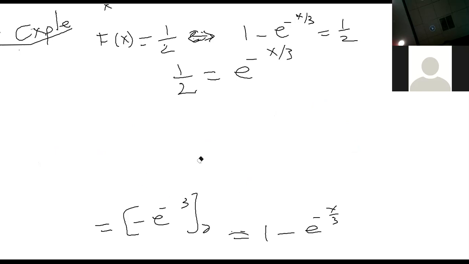Applying the logarithm, we have logarithm of 1/2 equals minus x/3.